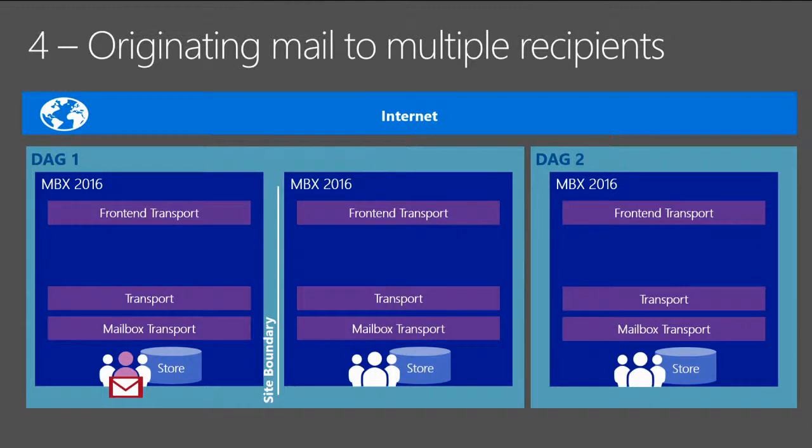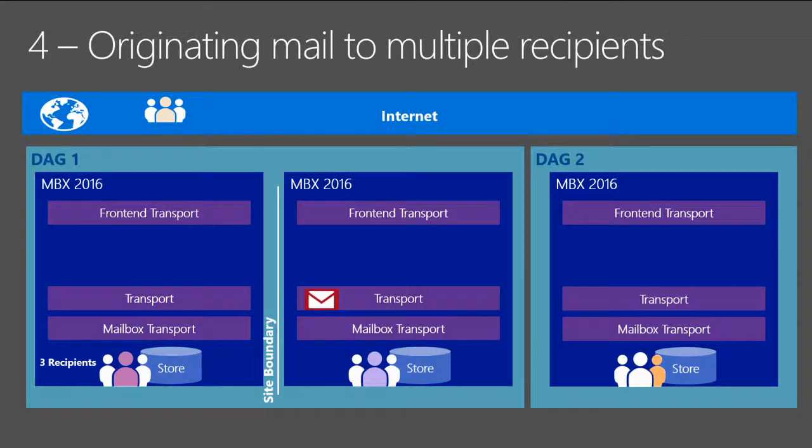So putting this all together, what do we have? One of the users wants to send a piece of mail to 3 recipients: Mr. Purple, who lives in the same DAG as the sender, Mr. Orange, who lives in a different DAG from the sender, and then somebody on the internet. When it goes to mailbox transport, let's assume it anchors on the recipient Purple.